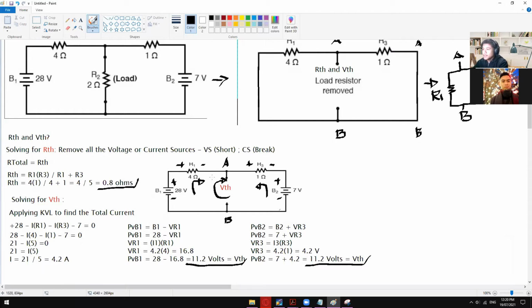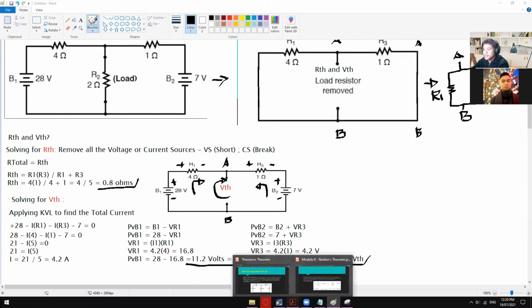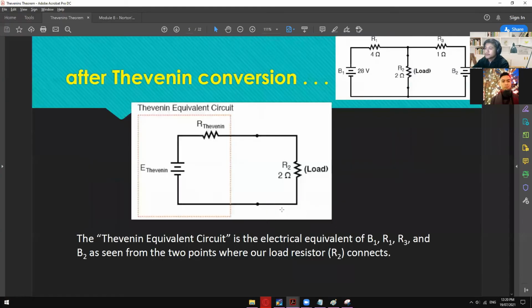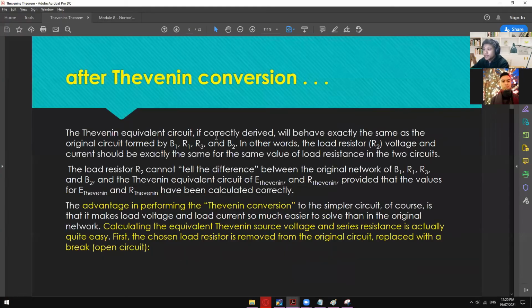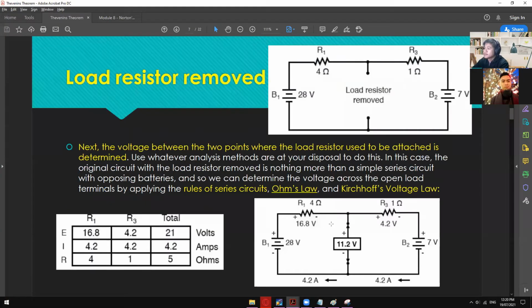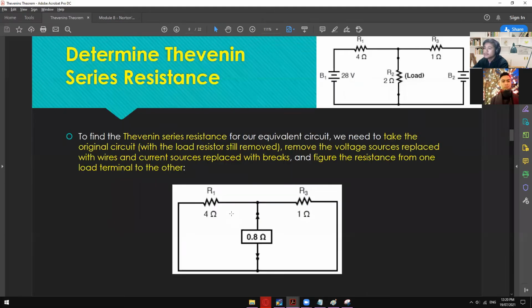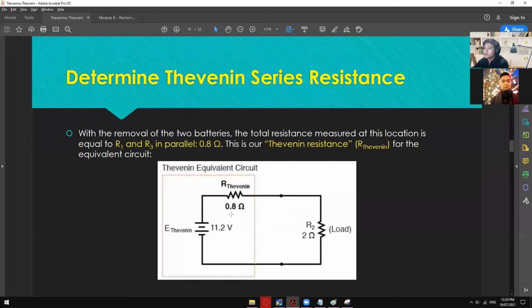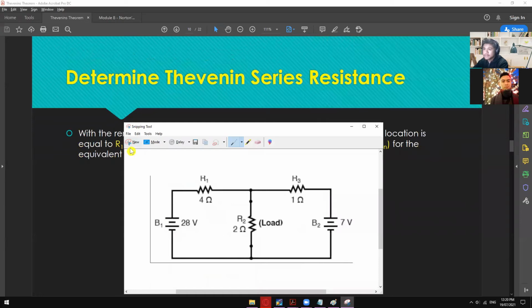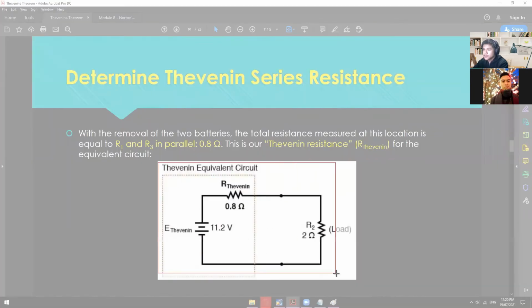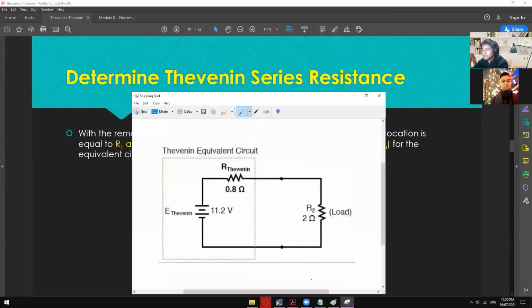So anyway, once you already have the value of RTH and VTH, then you can now have this kind of circuit. Let me just copy this one so that we can have a faster discussion.